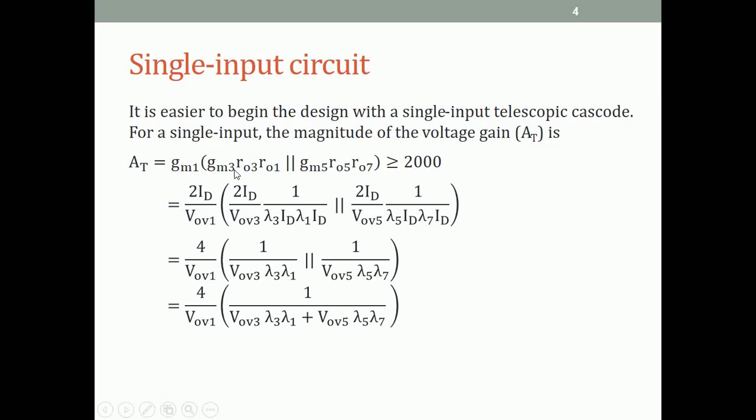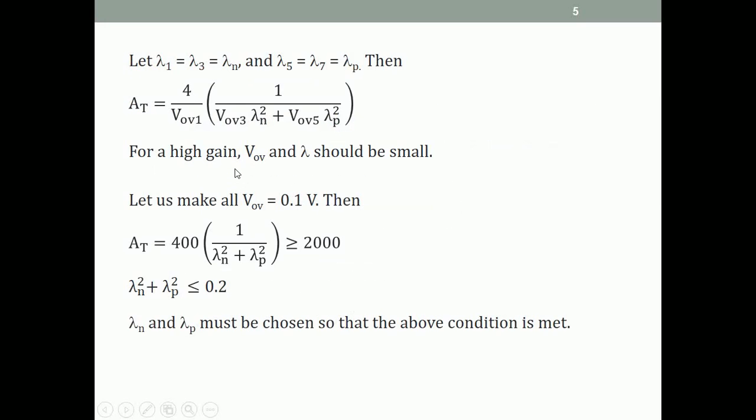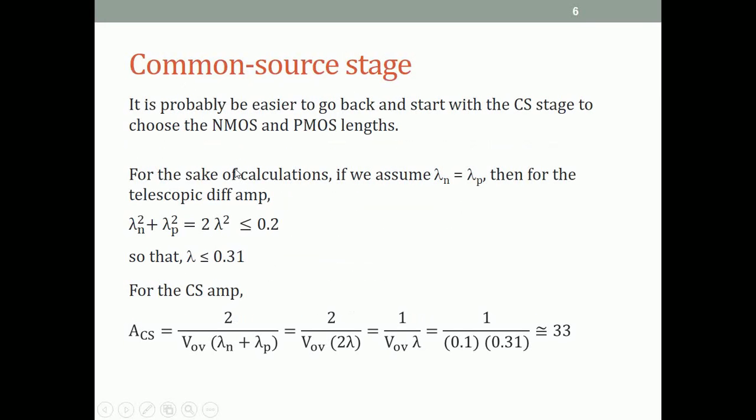So if we design the common source stage with a GMRO and get all the lengths and so on, then the telescopic cascode will simply be the square of that circuit. The factor of 2 here and there will come about by itself. So we say let us go back to an even simpler circuit, which is a common source stage.